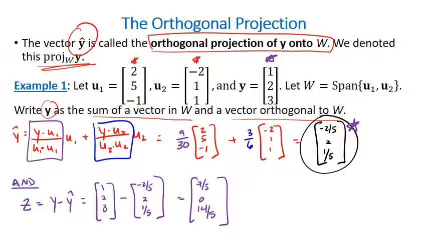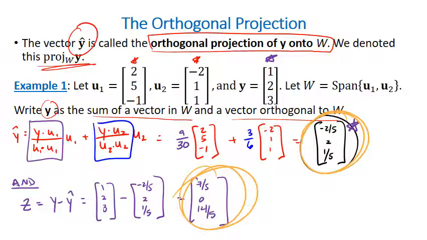Ultimately, we want to write y as a sum of a vector in W and a vector orthogonal to W. So I will say that y is equal to the sum of this and this.